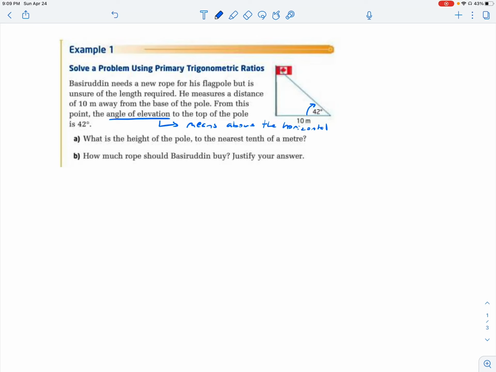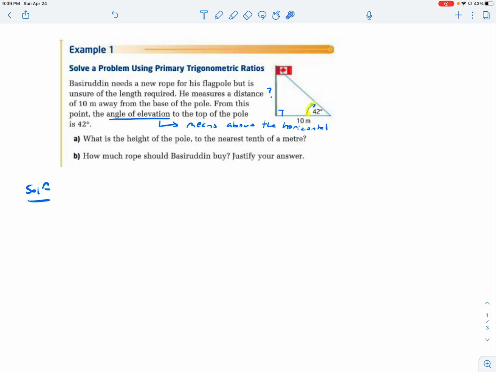Yes, this is a right angle triangle because it's a flagpole and it's supposed to be standing straight up, perpendicular to the ground. So we know we can just use our primary trig ratios to solve for this. What is the height of the pole to the nearest tenth of a meter? So we're looking for the height of the pole. So our solution. I'm going to look at this triangle and think about what I'm given and what I'm looking for.